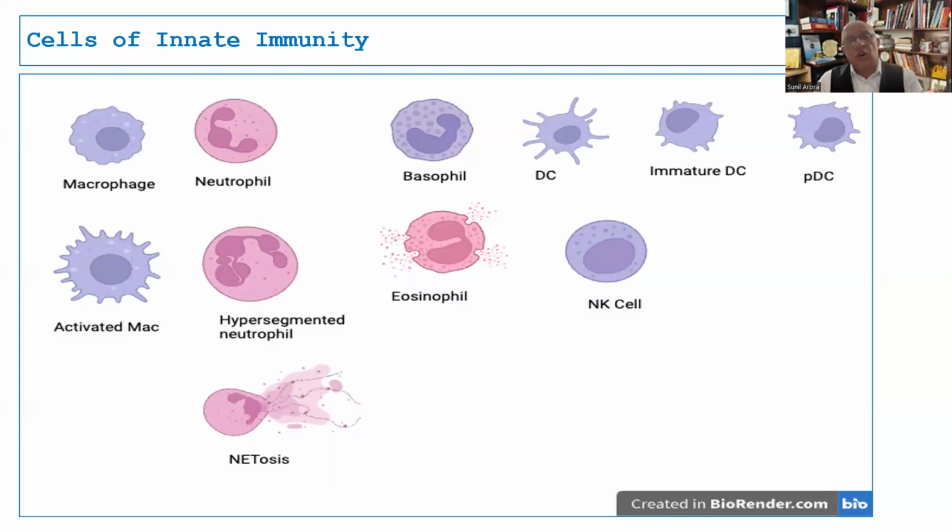So once all this process of killing is going on, because of production of all these molecules, the macrophages generally survive. They finish the job and go on to look for some more damaged cells and some more pathogens. Whereas neutrophils normally die. So they are short-lived cells. They get activated, they perform their function, and die also.